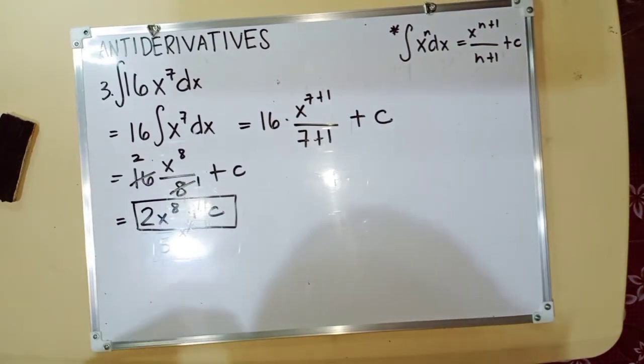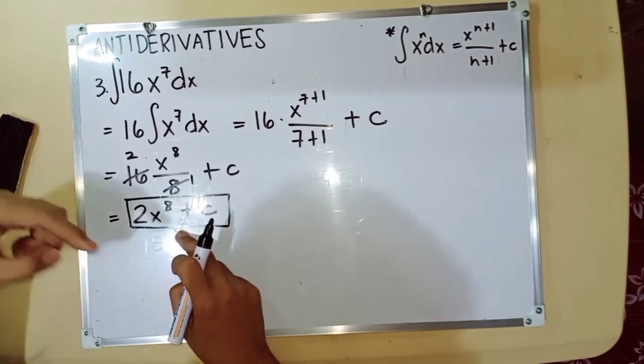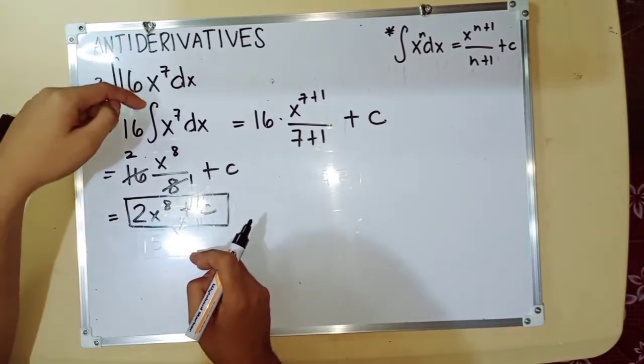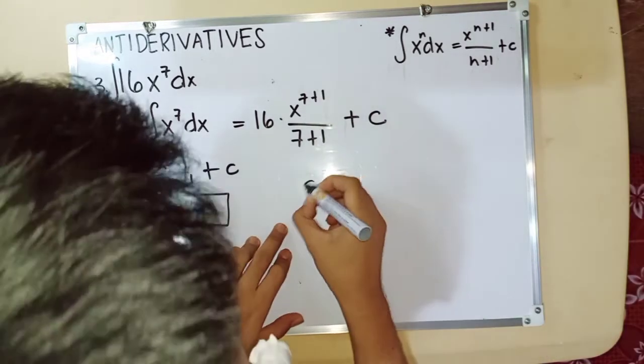So, para i-check kung tama ba talaga ang sagot natin, ay kunin natin ang derivative nito. Kapag ang derivative ng 2x raised to the power of 8 plus c ay 16x raised to the power of 7, ibig sabihin ay tama ang ating sagot.